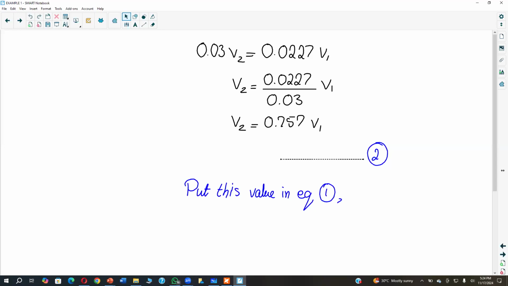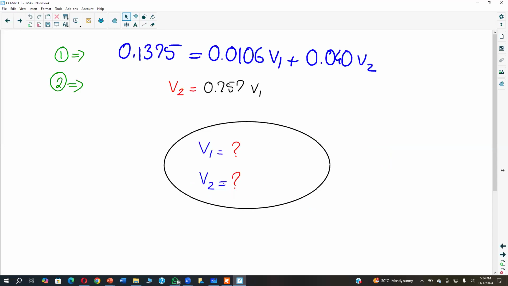No, it's 0.757 V1. It's the value of V2. It's going to be a simultaneous solution now. Okay. So look at it. V2 contains V1. Yes. Understood. So now go for simultaneous and put this value in equation 1. You have two equations now back to back. Look at these two equations, solve them simultaneously and get the answer.